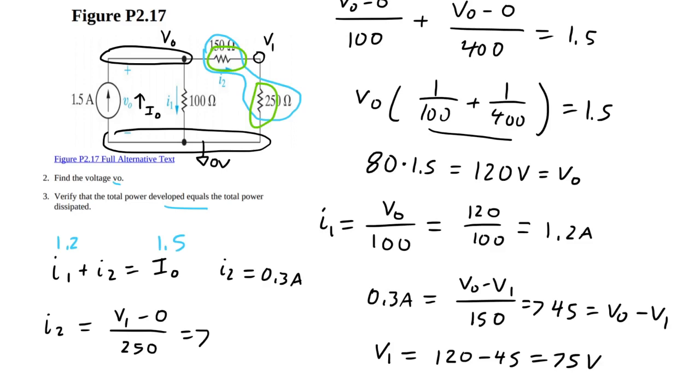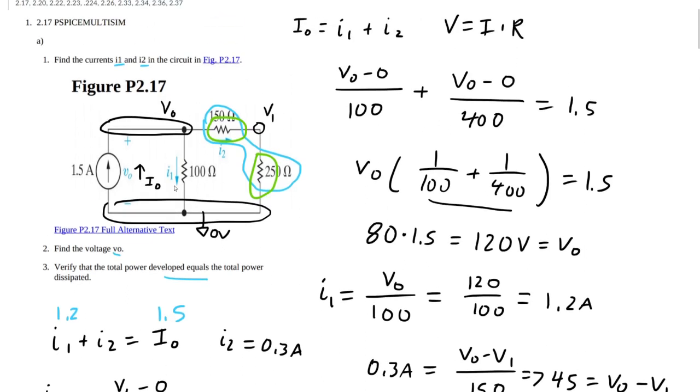You just multiply 0.3 times 250 and you get V1 equals 75. Both of those will work. It's mostly a matter of convenience, but like I said, once you find one of the values in the circuit and you know it's right, because it makes physical sense and there's nothing crazy going on, then you're golden.